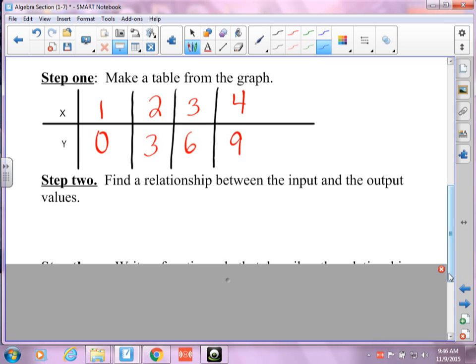Okay, so if you have something like this, I know just adding and subtracting isn't going to work. So I need to multiply and add or multiply and subtract. Taking a look at the first one, would I multiply and add? So like would I take 2 times 1 and add something? No. So I know I'm going to multiply by a number, and then I'm going to subtract a number.